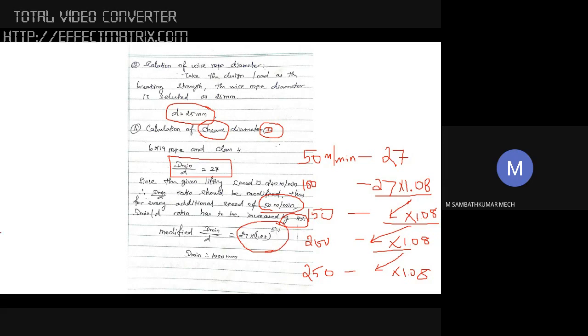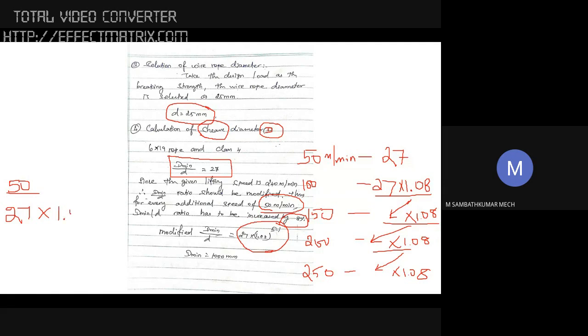So here, 27 is for the first 50 meter per minute. The 27 value is for the first 50 meter per minute, into the increasing percentage is 8%.